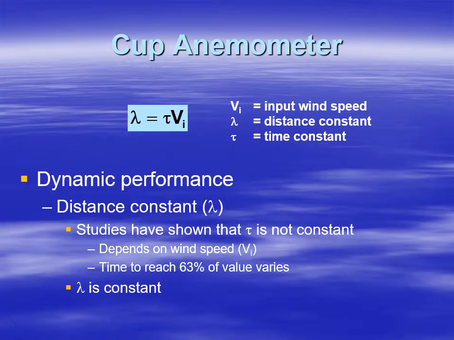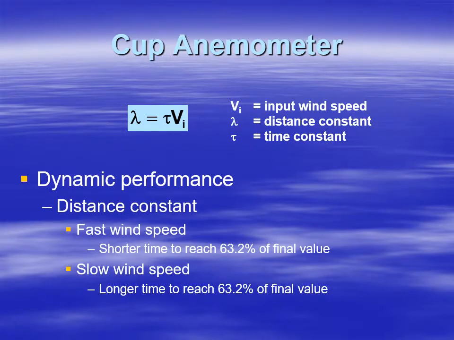But the time constant is a function also of the velocity of the input. If you have a faster wind speed initially, then it's going to spin up faster. If you have a slower wind speed initially, it's going to spin up slower. So the time is not really constant, but the distance is constant. So lambda, the distance constant, is what we really use.